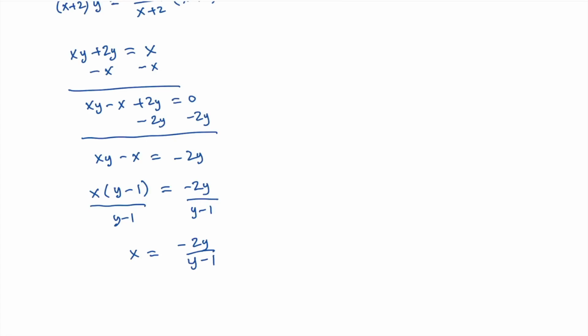Now step 3, all we have to do is interchange x and y. So we have x is equal to minus 2y over y minus 1.